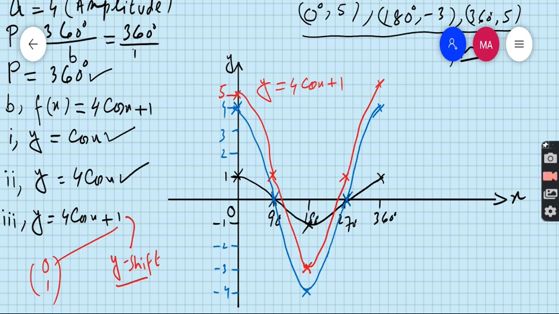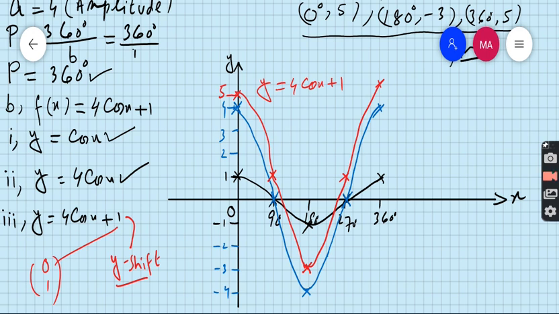An example in the book is also showing this kind of technique. First draw the simple graph, then draw the graph with the y shift, and finally draw the graph of your required equation. So y is equals to 4 cos x plus 1.